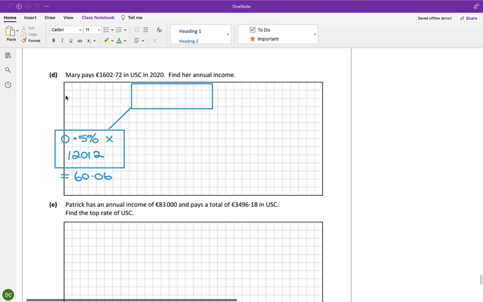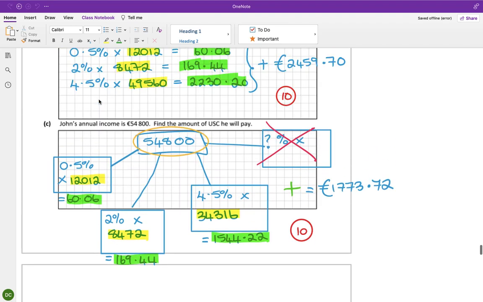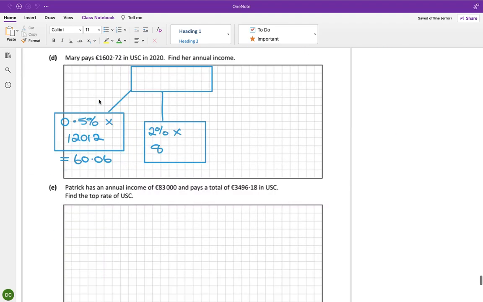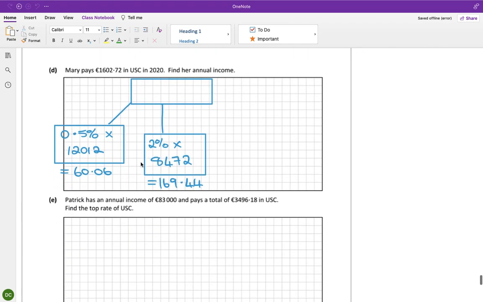The next one is going to be the same as well. The next one is 2% of 8472, and that is 16944. Sorry, I'm just going to check. Yeah, 16944. Now, the last box.